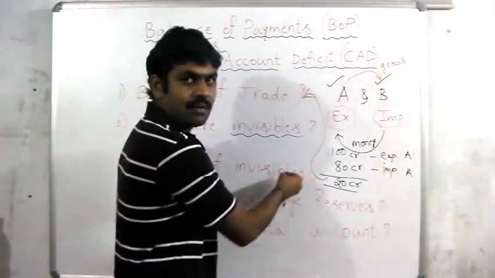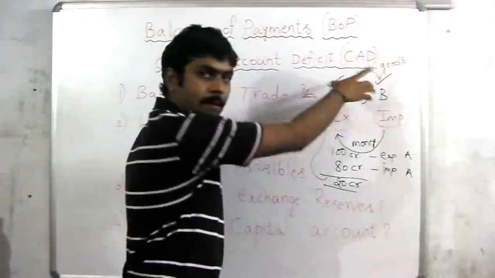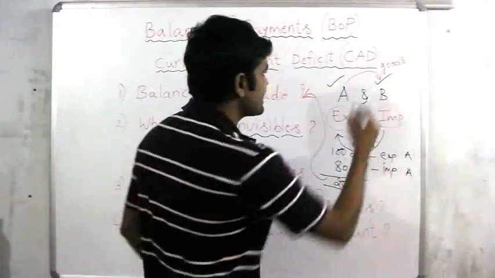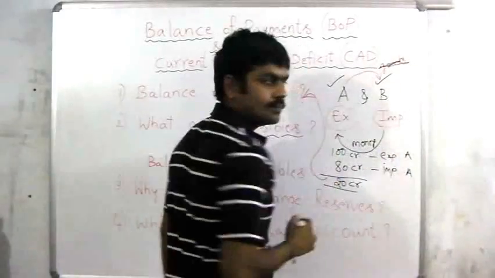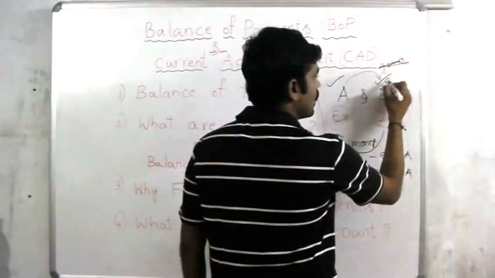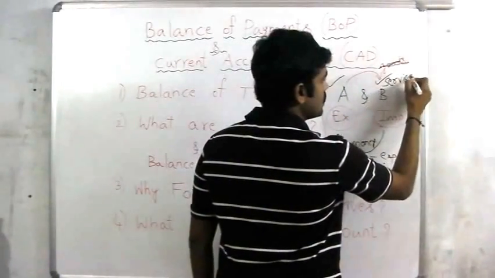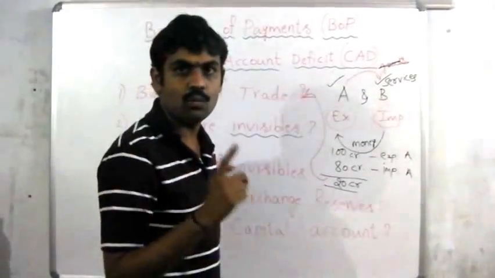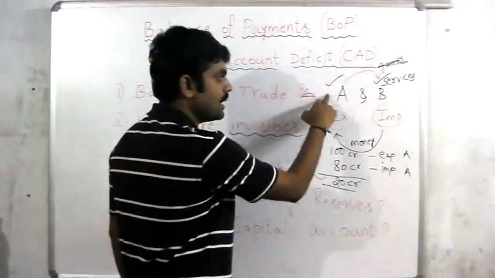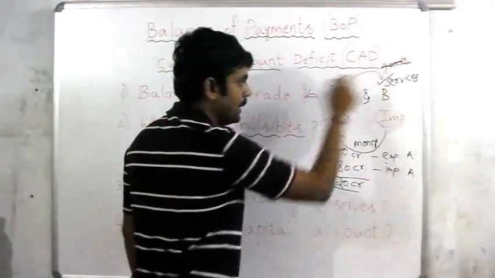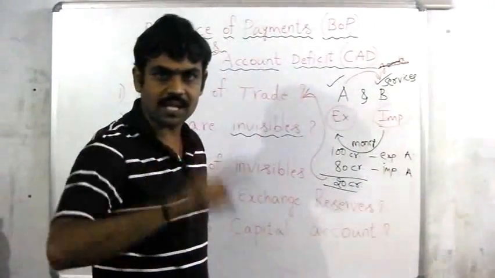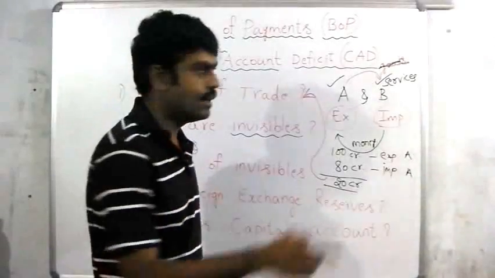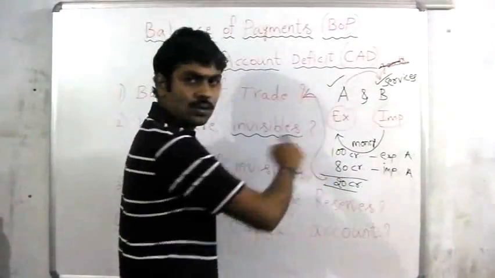For a while I consider the same example, but I just put services in the place of goods. So a service C was exported by the country A to the country B, and the value of such exports of the service C from A is 100 crores.